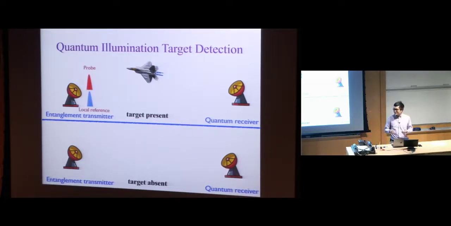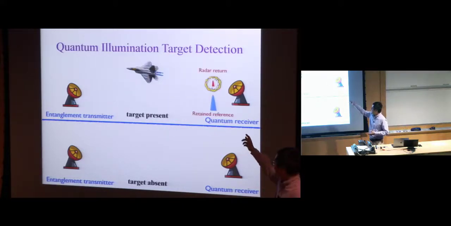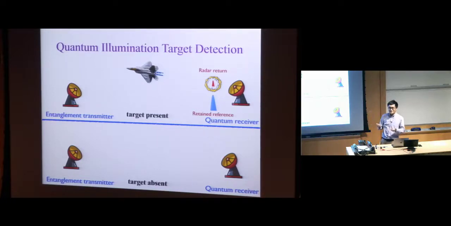You produce an entangled probe and a local reference. They are entangled; you can think about them as a pair of entangled photons. You use the probe to illuminate your target, but you locally retain your reference, which was originally entangled with the probe.